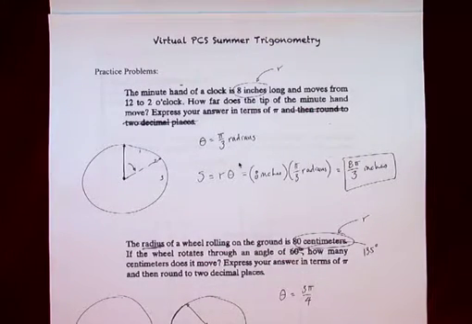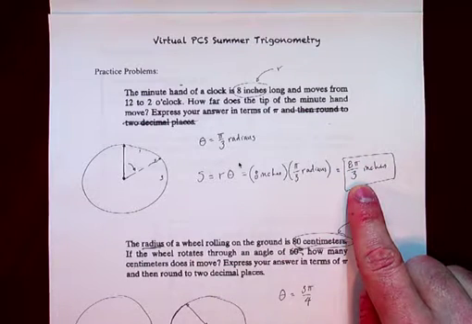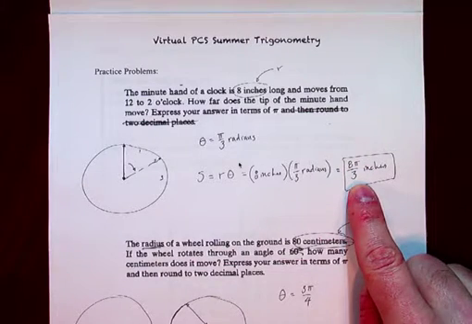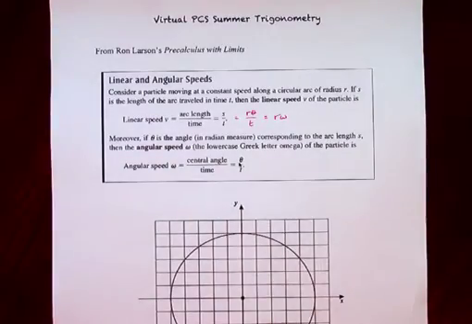So for a clock, the linear speed and the angular speed will be a constant. But we could have calculated it. We could have said, from 12 o'clock to 2 o'clock for the minute hand is 10 minutes, right? And so we could have taken this and divided it by 10 and called it 8 pi over 30 or 4 pi over 15 inches per minute or something like that, okay? And that's the general idea of what we're doing here.